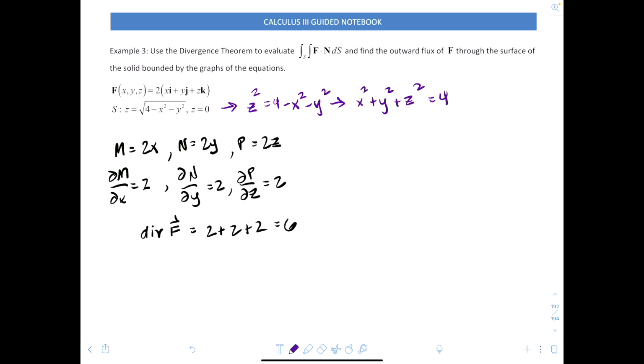But since we're also bound by z is 0, right? This would be the upper half of this sphere, right?